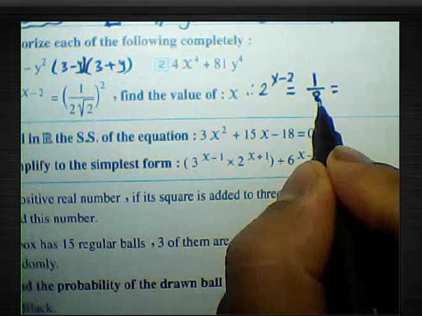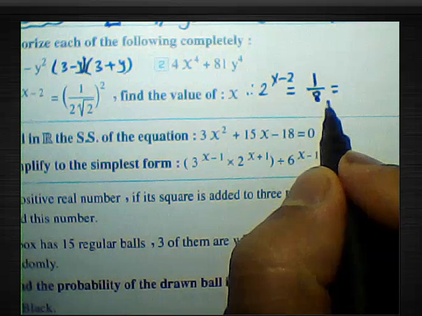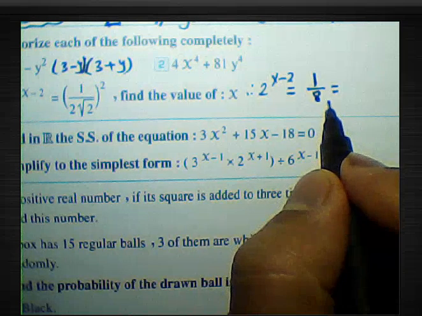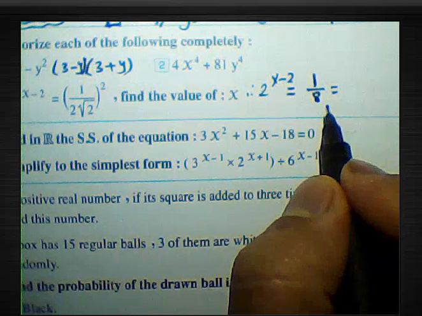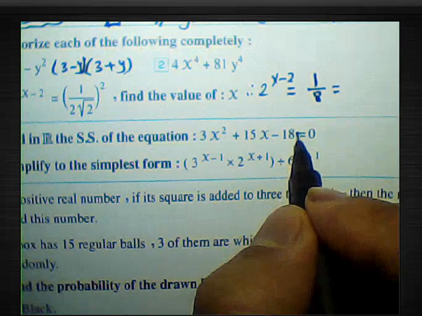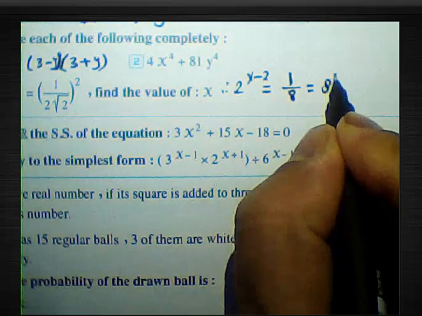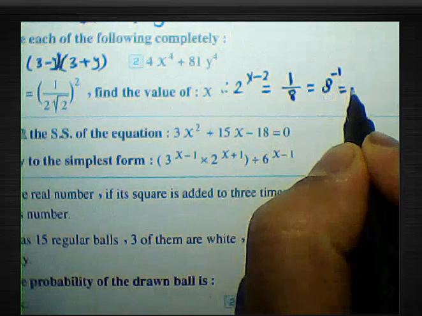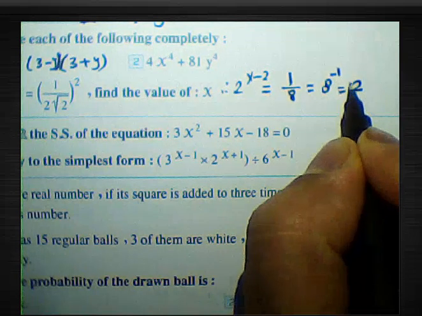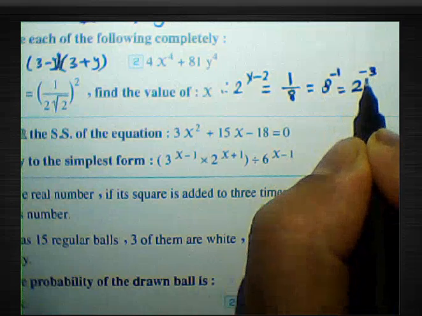Then we can write here 1 over 8, which means 8 power negative 1, and we know 8 equals 2 power 3. Then you can write 8 power negative 1 as 2 power 3 power negative 1. 3 times negative 1 equals negative 3.